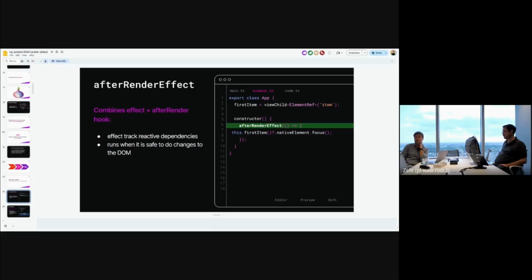Not always easy, right? Because sometimes you just want to read and then do something. Yeah, I think the real danger there is avoiding alternating between reading and writing. Read something which causes a reflow, then you write, which changes the page layout, then you do another read to cause another reflow, and so on.